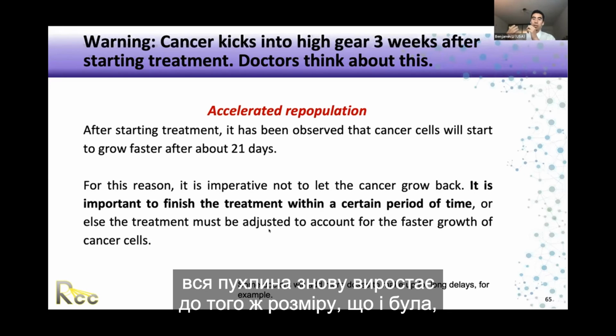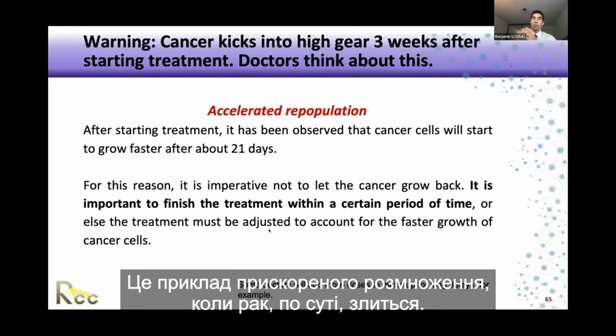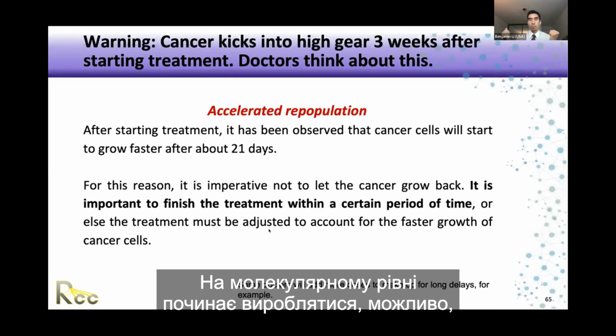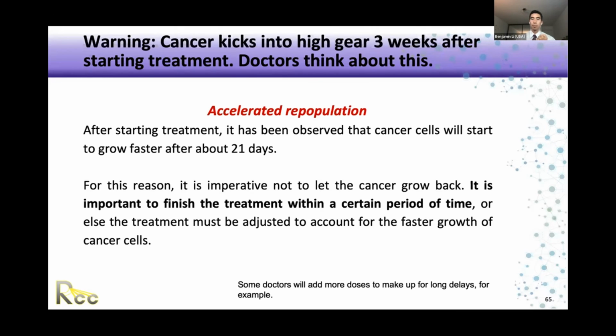Then within just a few weeks, the whole tumor grows back to the same size it was, or maybe even bigger. Why did that happen? That's an example of accelerated repopulation, where the cancer basically gets angry. There starts to be maybe more growth factors at the molecular level, and the cancer will grow back faster.